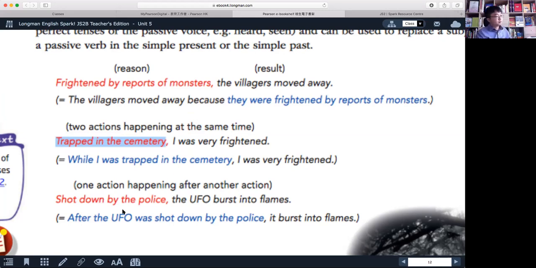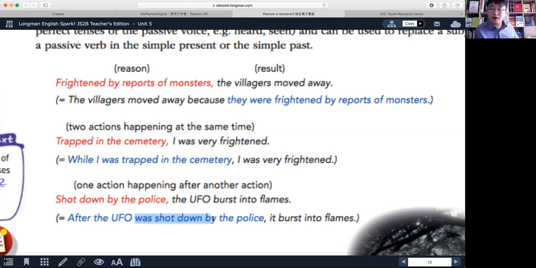Last one. Cause and effect, and of course the last one is after, describing two actions happening one after another. So here, let's look at the original one. After the UFO was shot down by the police, it burst into flames. After. UFO, subject, delete it.